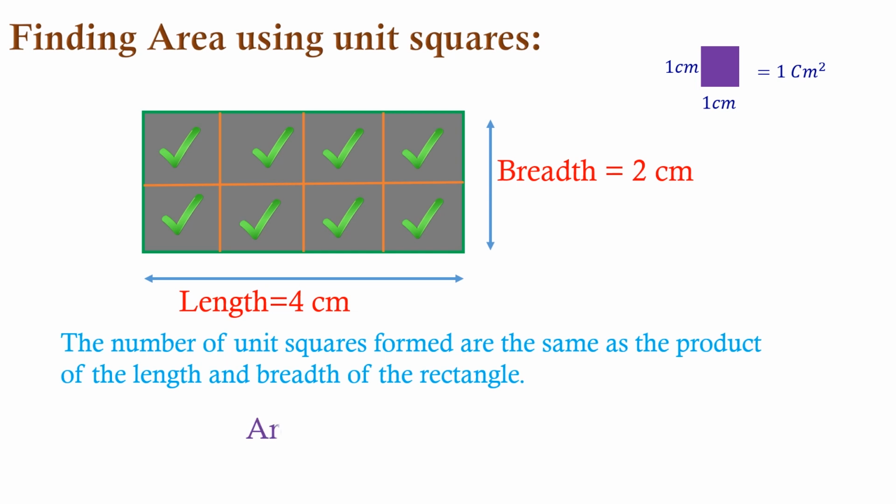So, area equal to 4 centimeter into 2 centimeter is equal to 8 square centimeter or centimeter square. But sometimes dividing the square or rectangle into unit squares is tough. So, we have a formula to find out the area of an object or space.